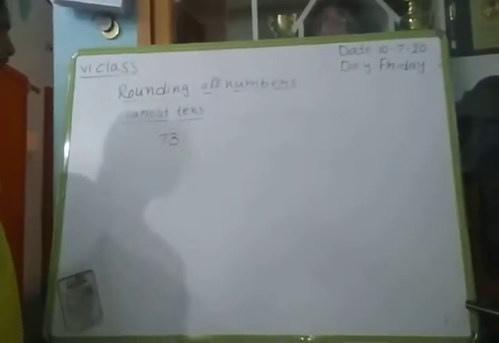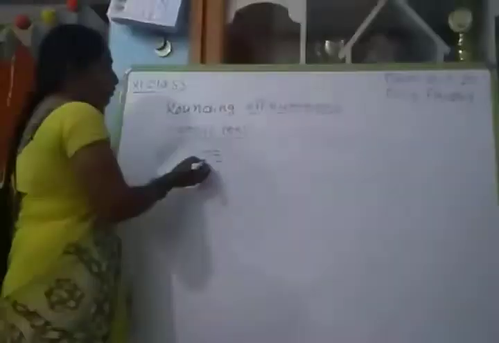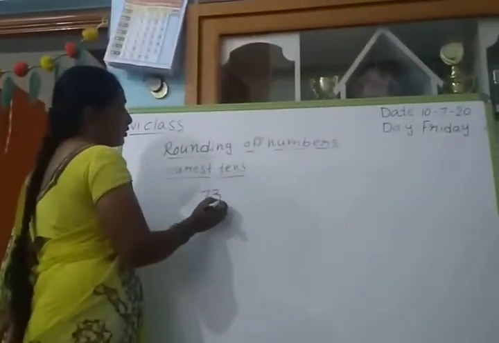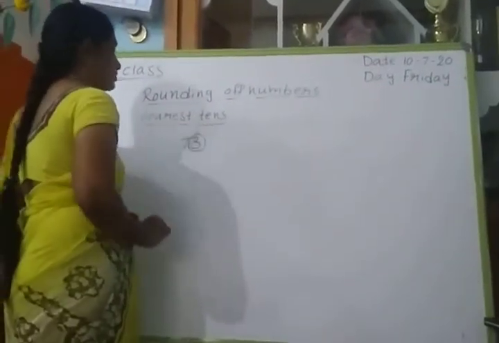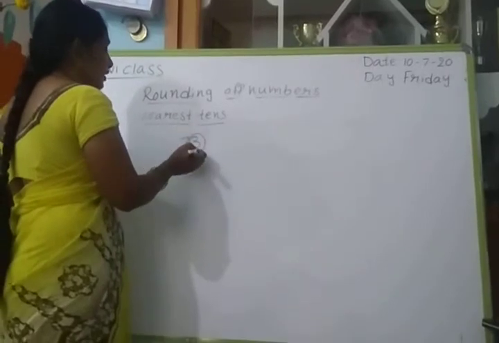73, nearest to tens. When you are rounding to the tens place, you have to see the ones place, the place before it. So what do we have here? The ones place.